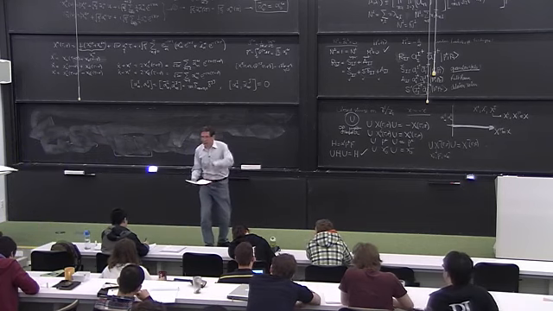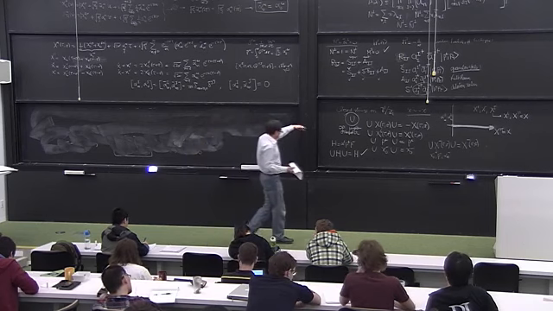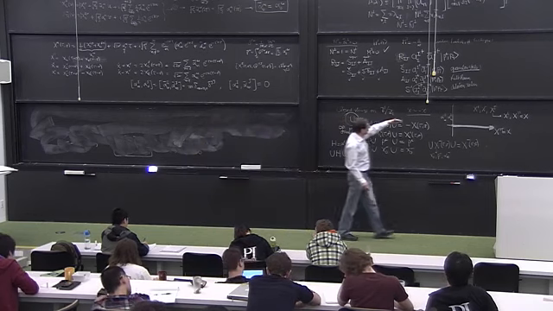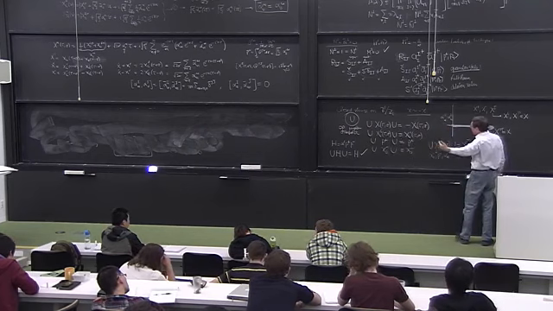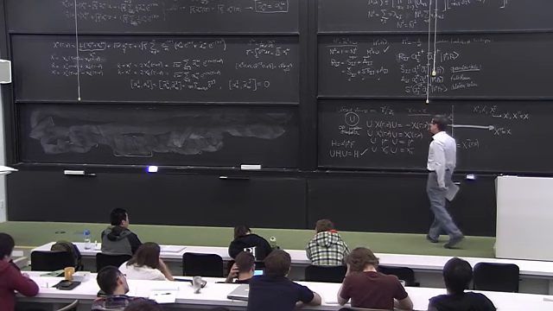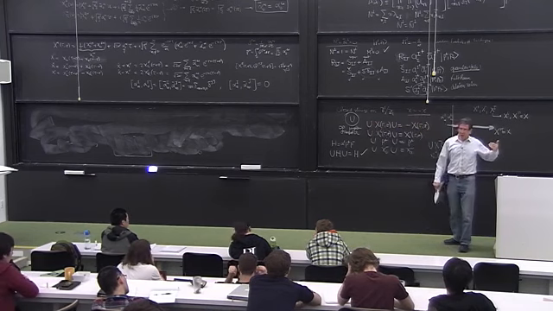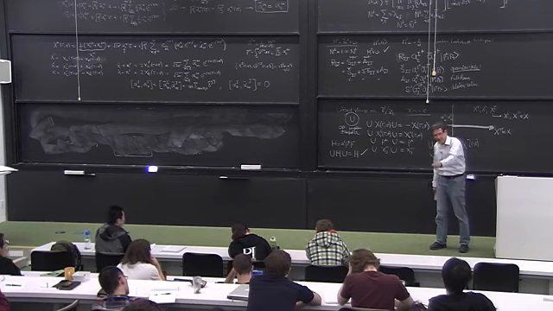What you do with orientation, we're going to do here. We're going to say the states of the orbifold theory are the states that are invariant under the action of U, just like we said orientation invariant states are the ones that are unchanged if you do the orientation reversal.